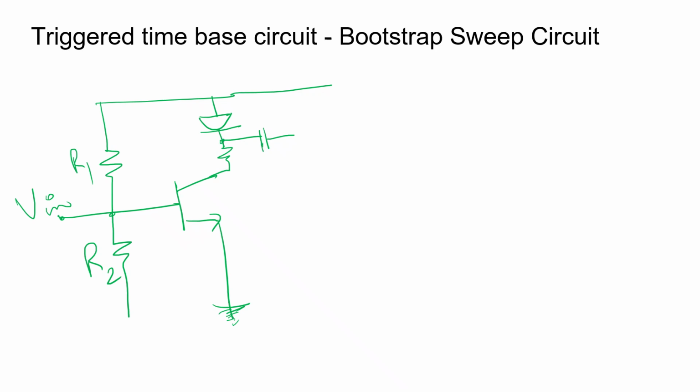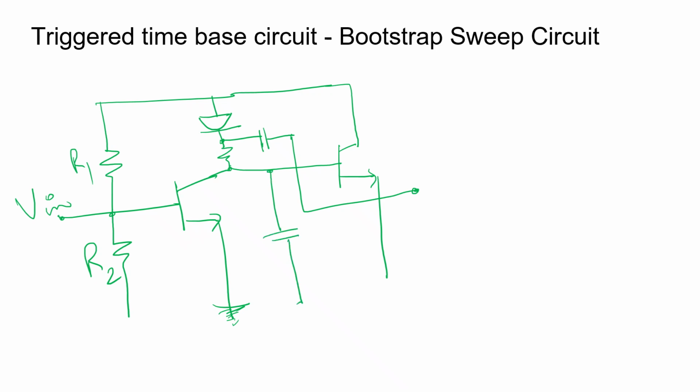The capacitor is connected to the output across the collector terminal. The capacitor is connected to the output through a resistor R4.